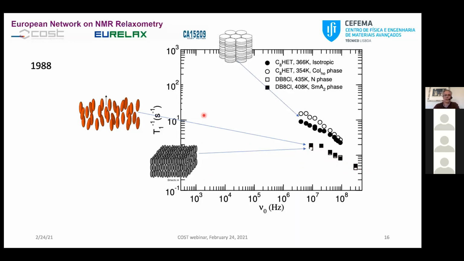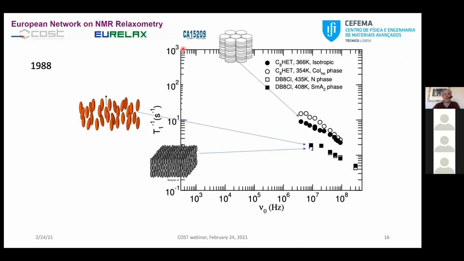So this is typically our window to the NMR relaxation dispersion. On the x-axis we have frequencies that go from almost 100 Hertz up to almost a gigahertz, and here we have just below 0.1 second minus 1 to 1,000 seconds minus 1.